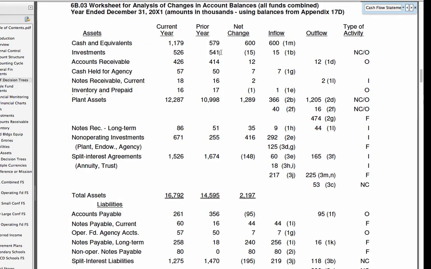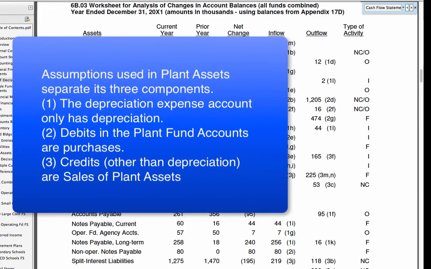The same sort of thing is going on in the plan assets. We have to assume that we have three dynamics going on in plan assets. We have purchase of plan assets, we have sales of plan assets, and we have depreciation.